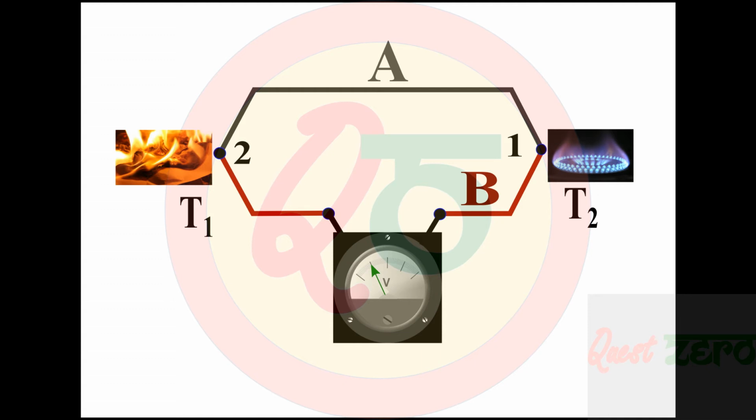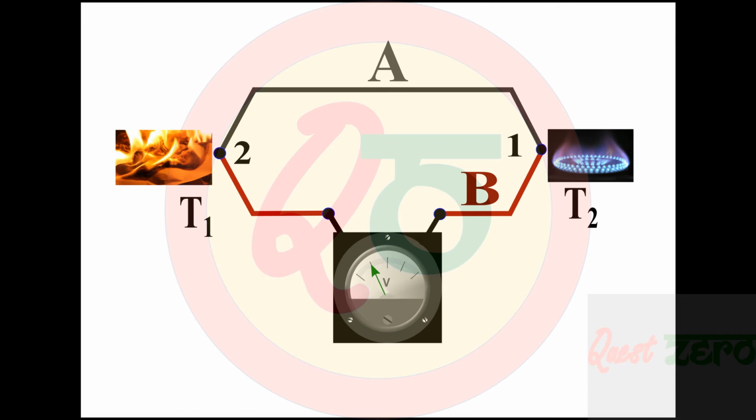At junction 2, a flame which is just burning, we don't know what the temperature of it is. So now what is the temperature at junction 2 can be determined. T1 temperature can be determined when you know the value of T2, that is the temperature at junction 1.